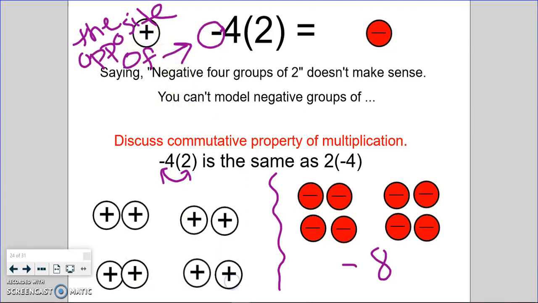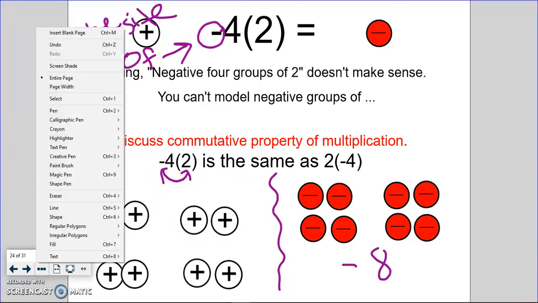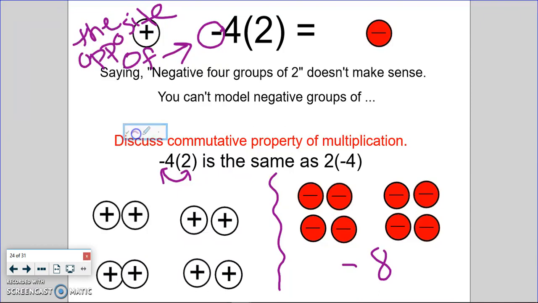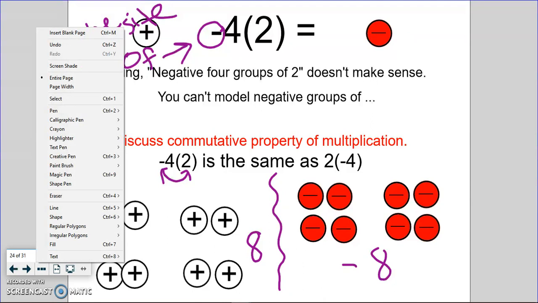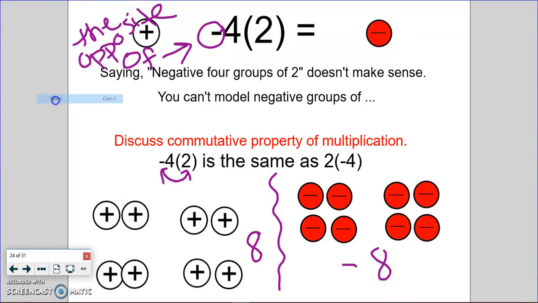When I say the opposite of it, it's like I'm flipping over my little chips, my circles, to the other side, because right here, what's modeled is a +8. But when I take the opposite of 4 groups of 2, that's like flipping those chips over to the other side that's negative.